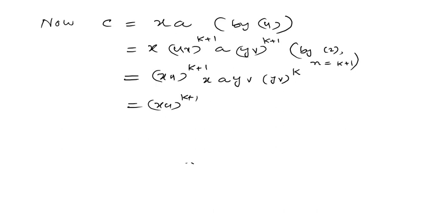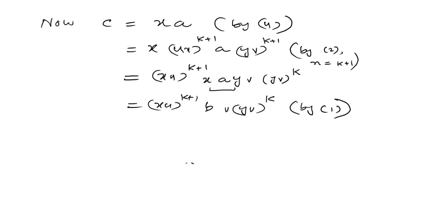So what's this xay? It's actually b. This xay is b. Then we have v and yv power k. B equal to xay, it's by 1, sorry.